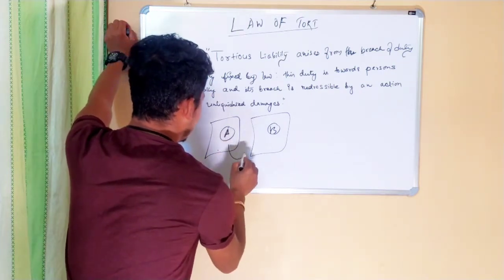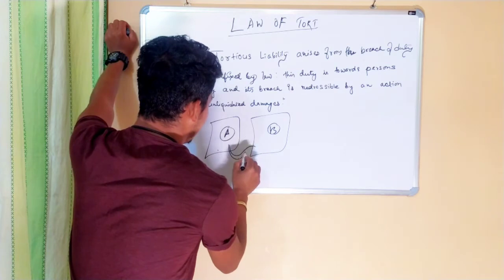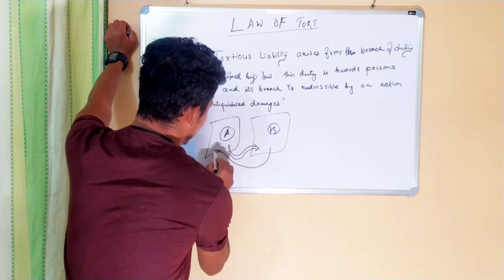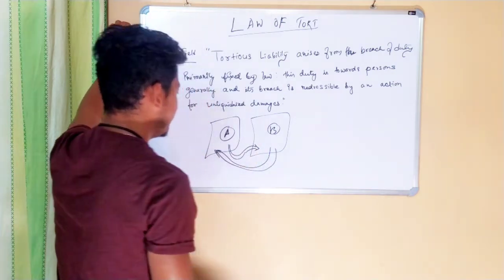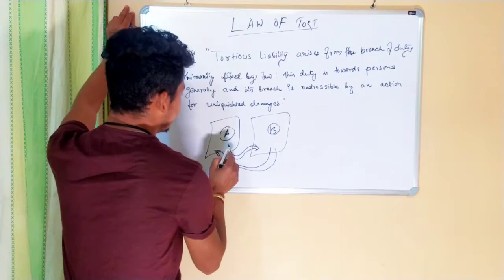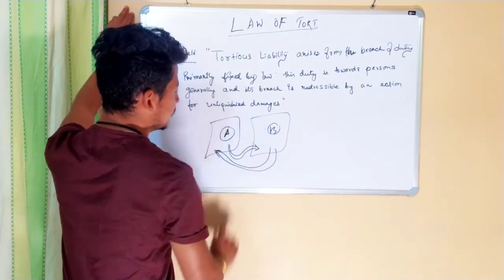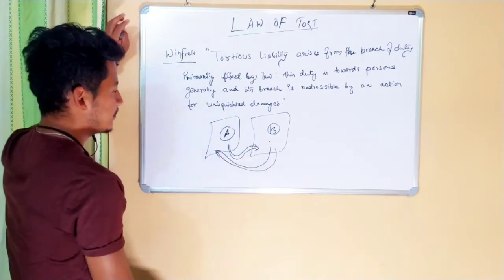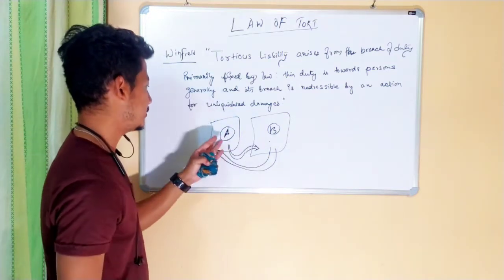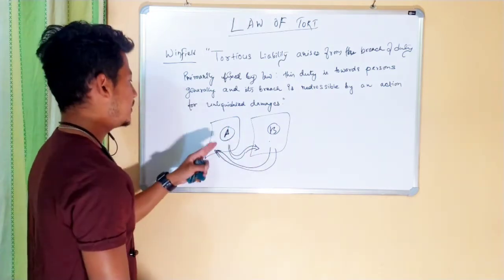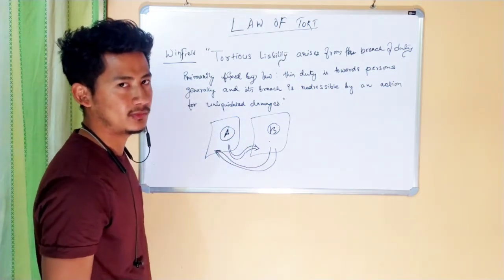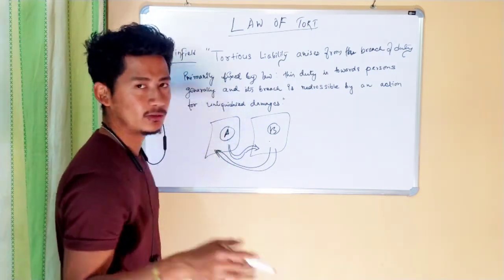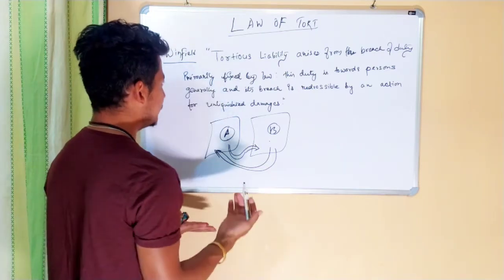A has the duty to respect B, and B has the duty to respect A. Respect in the sense that, suppose A has the duty not to defame B. He cannot say anything about B, and B also cannot say anything about A, because that will harm the reputation. Having a reputation is also your right. So you have a right to your reputation, and no one can breach it or defame you.